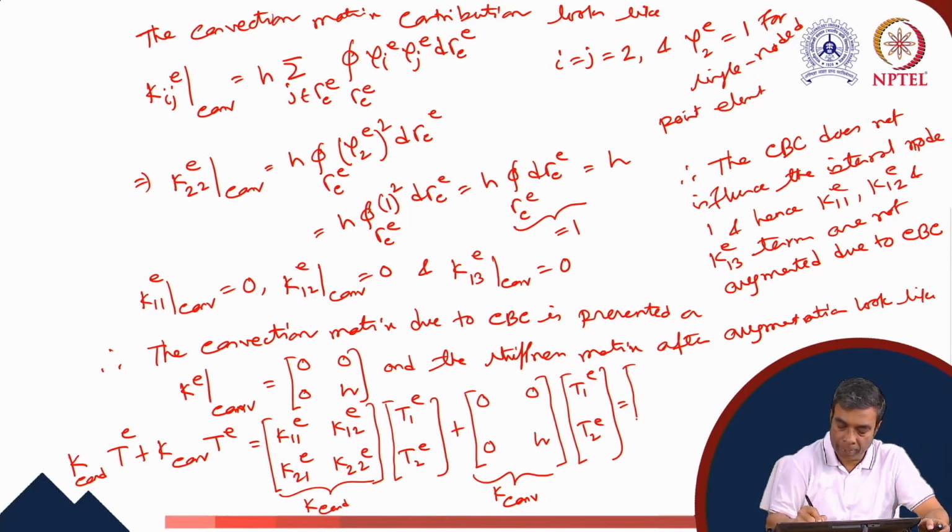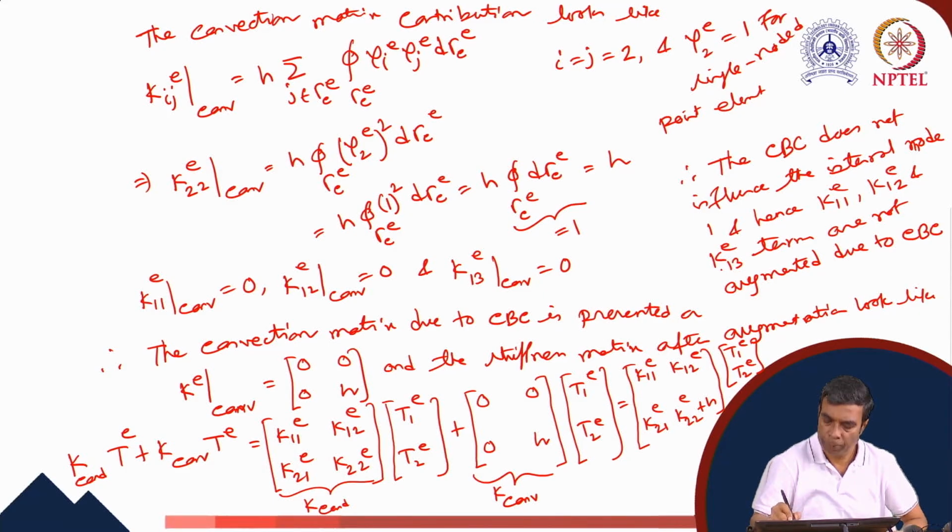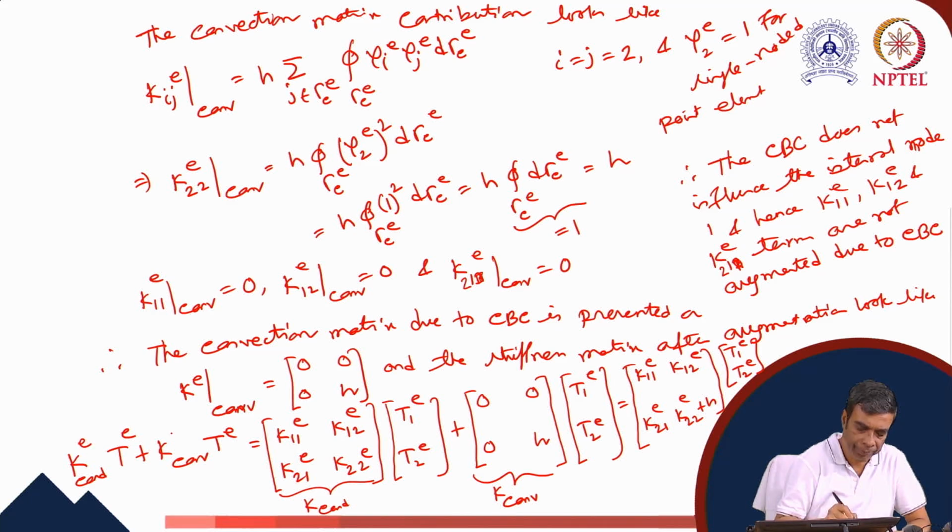So we can combine both of them and this gives us K11E, K12E, K21E, K22E plus h, T1E, T2E. This is K conductive, this is K convective.